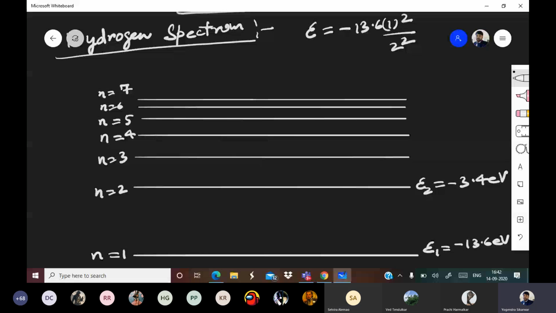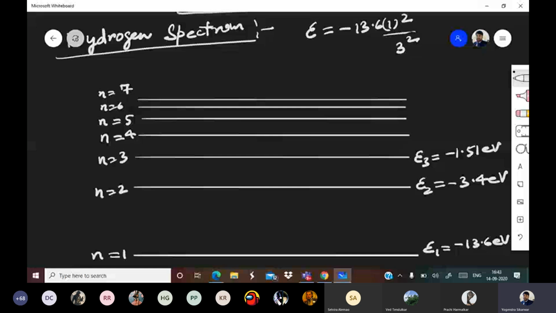Now let us put n is equal to 3. Can someone quickly tell me, when n is equal to 3, how much will the energy be? E3 will be minus 1.51.